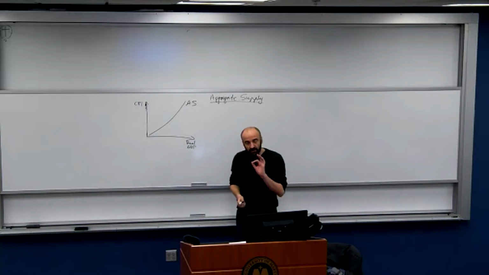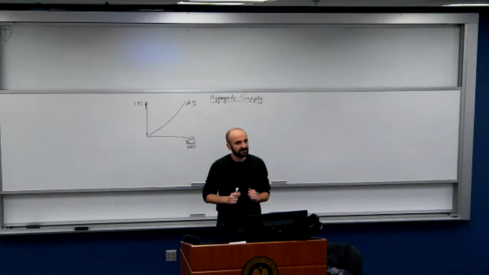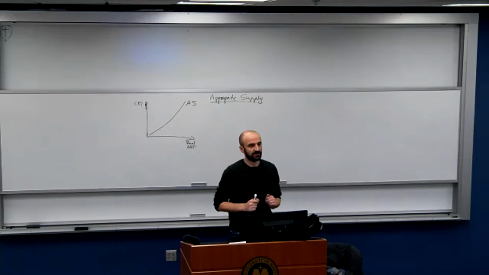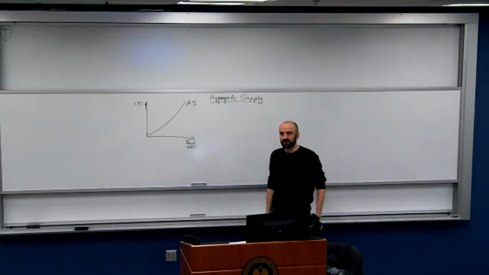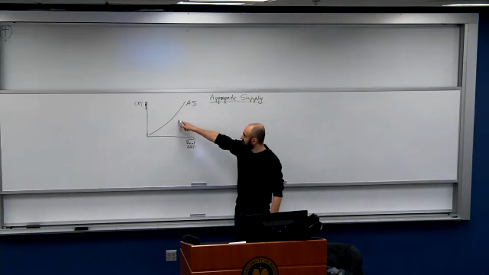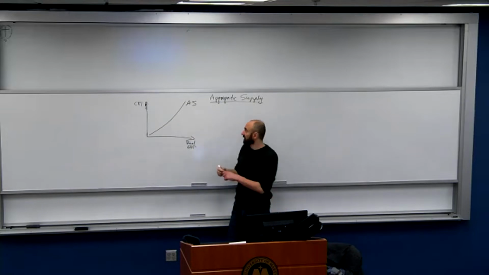One more complication here that we didn't have to face with the theory of aggregate demand is that there is a crucial distinction between the short-run and long-run situation with regard to the aggregate supply curve. This particular curve that I have drawn here is the short-run aggregate supply curve.